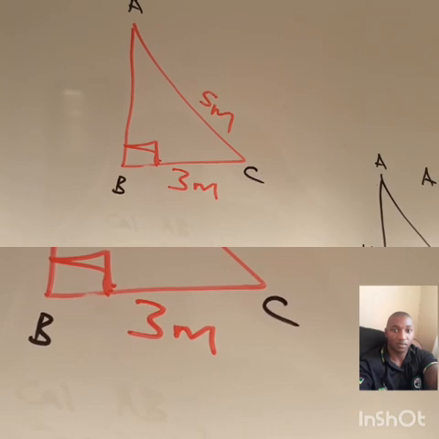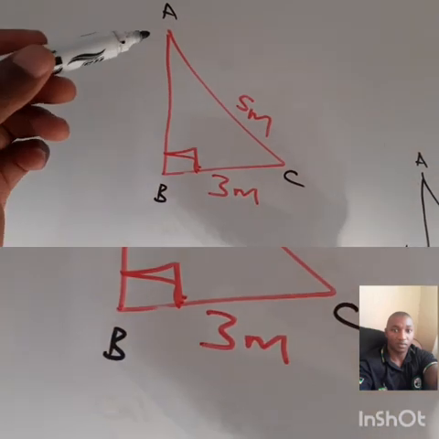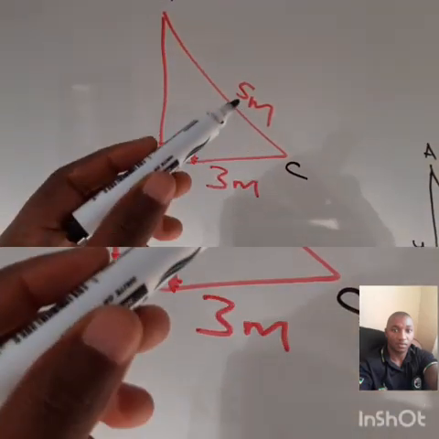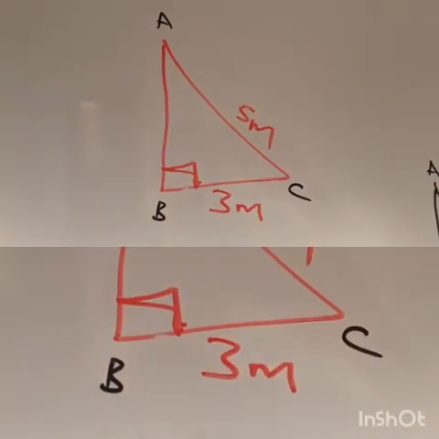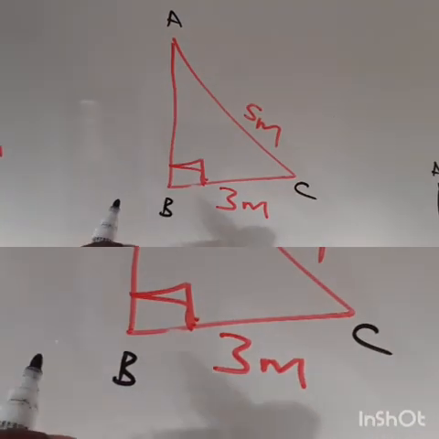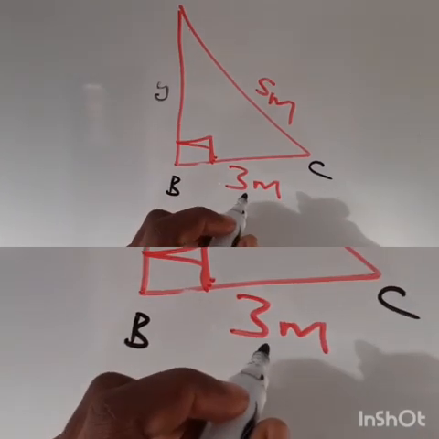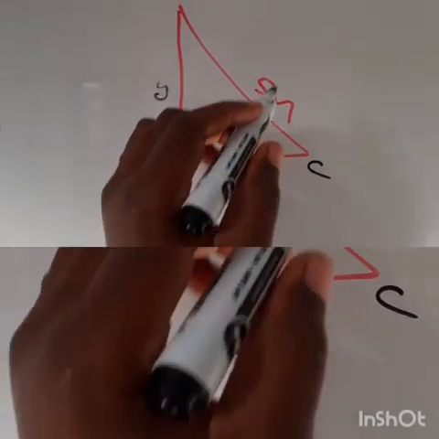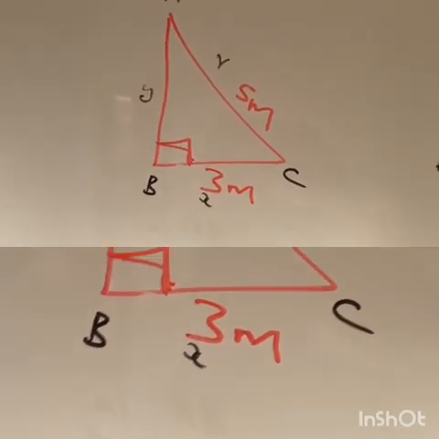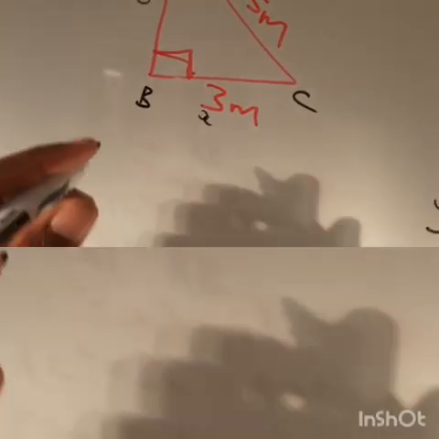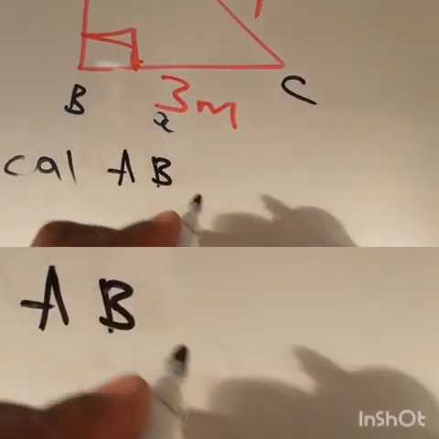Okay, let us quickly look at the second example. I have my triangle ABC. I have the 5 meters, the 3 meters. The first thing that we do, we label our triangle. Remember, the vertical line would mean this is the Y. The horizontal line would mean this is the X. And this would be the obvious one, which is the R. Now we're expected to calculate for line AB.